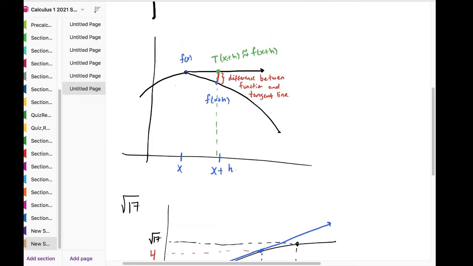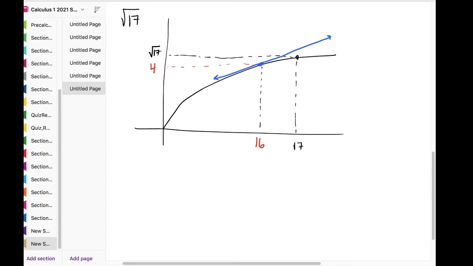Actually, let's not use t. I think L is the nice letter. Let's call the tangent line L, L of x at 16. So the tangent line.